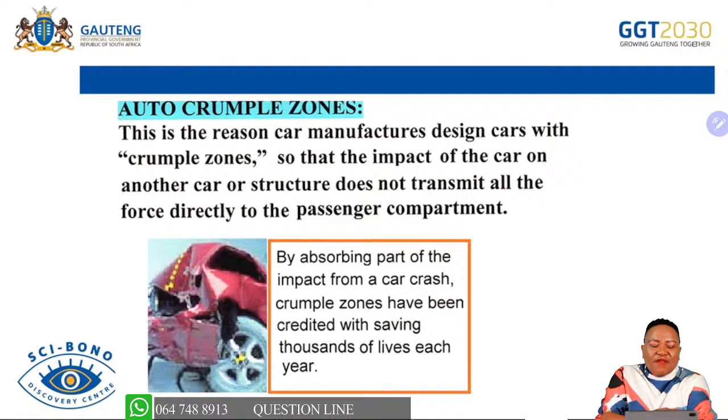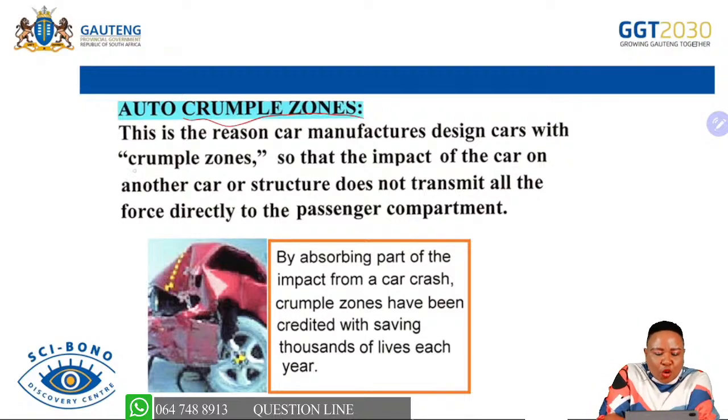Also, our cars have something we call a crumple zone. They design it so that you know what will save you during the time of impact, or during the collision.